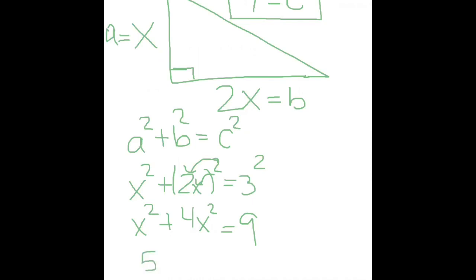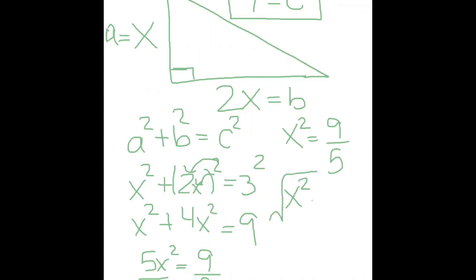And then I have 5x squared is equal to 9. I divide each side. X squared is equal to 9 over 5. The square root of x squared is equal to the square root of 9 over 5.